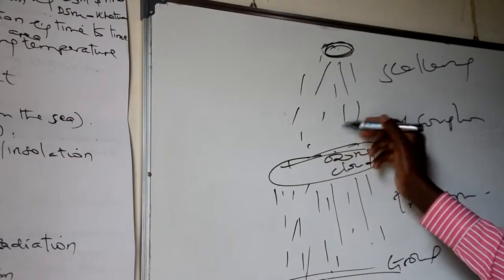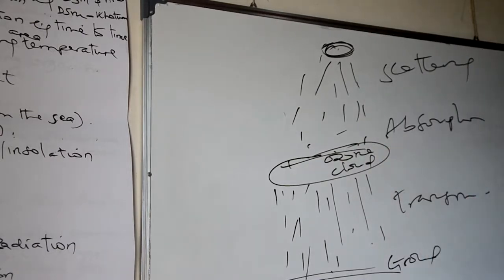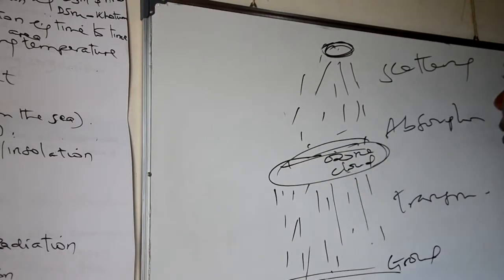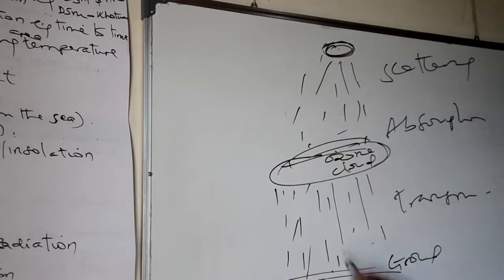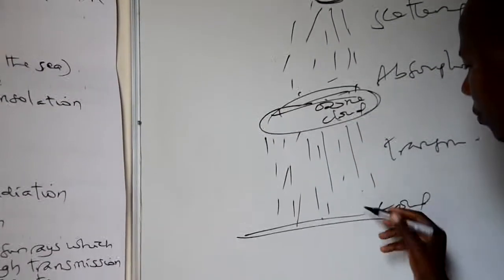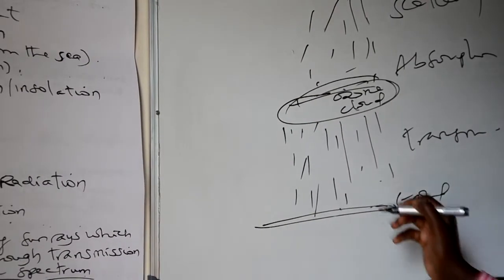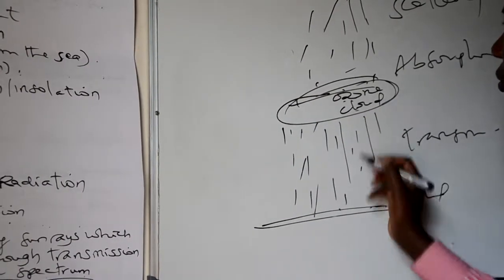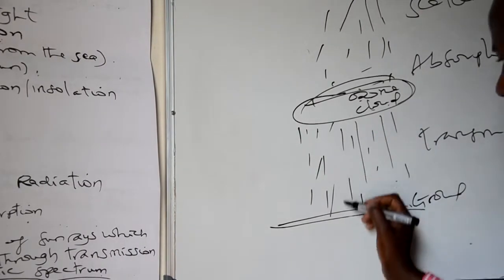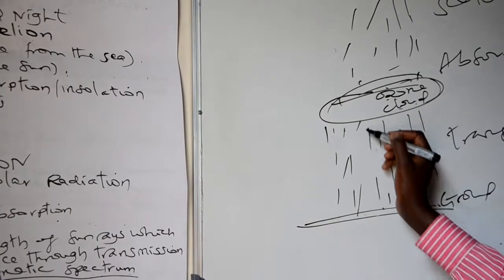After being scattered, they can be absorbed. But some rays penetrate after absorption and reach the surface, having passed the ozone layer or cloud cover. These rays which reach the Earth's surface after absorption, through transmission, are called the electromagnetic spectrum.